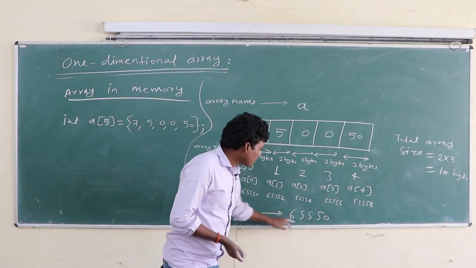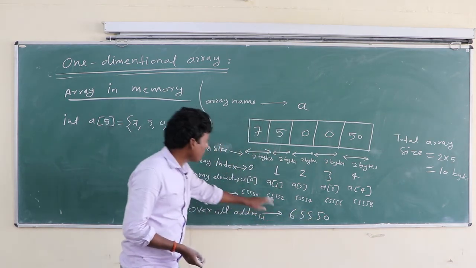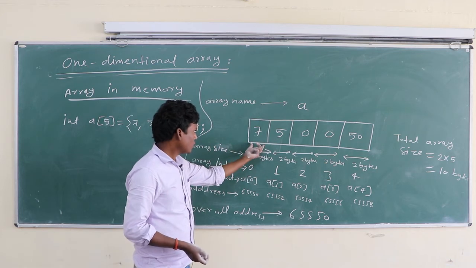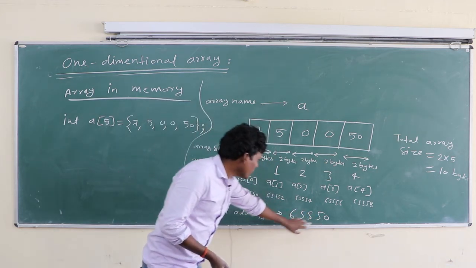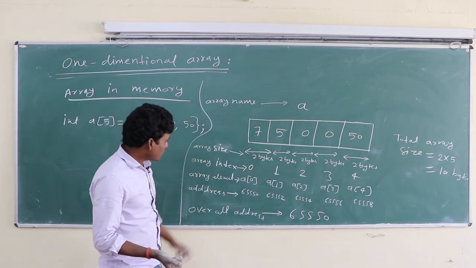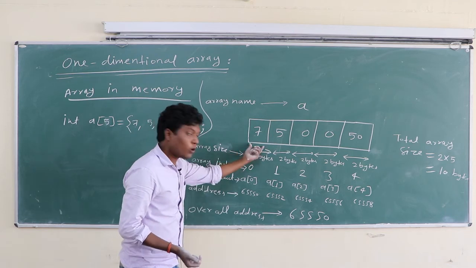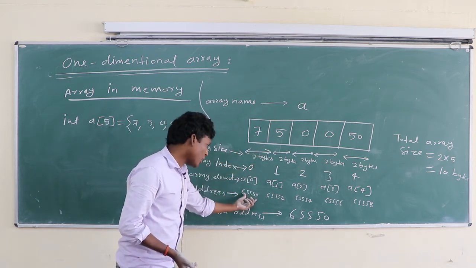So suppose the overall address is 6550. This overall address becomes the base address of the first block. So the base address means the first block address. So 6550 is the first block address.